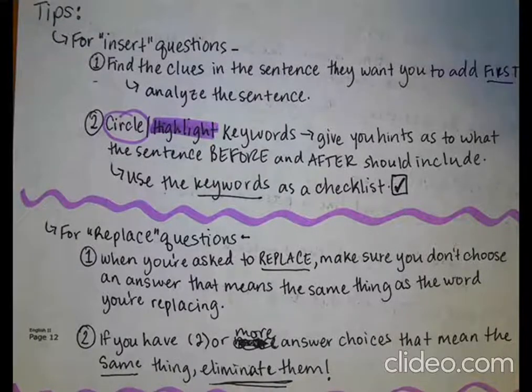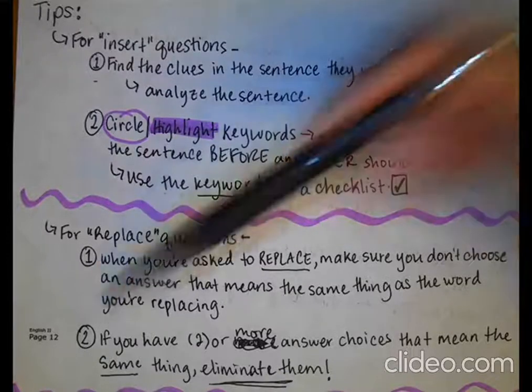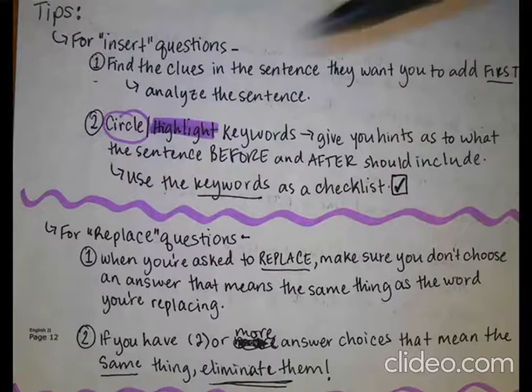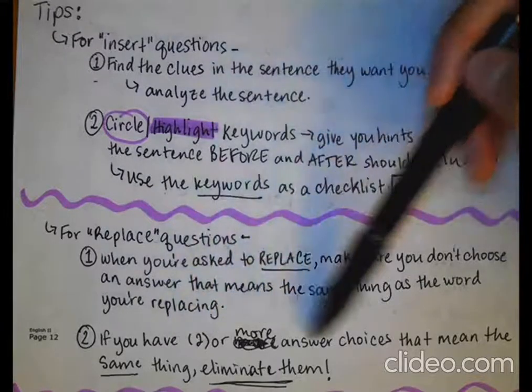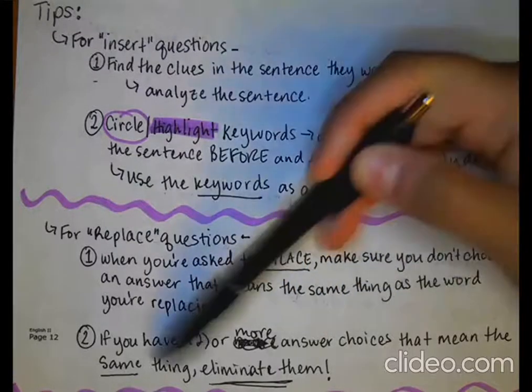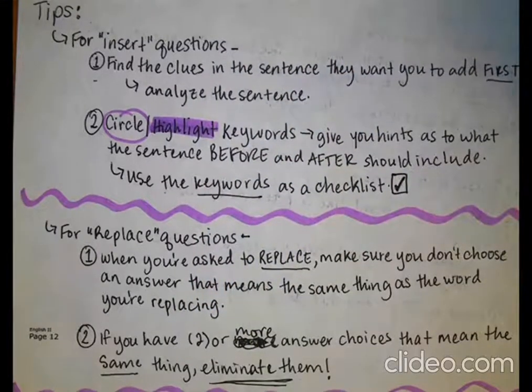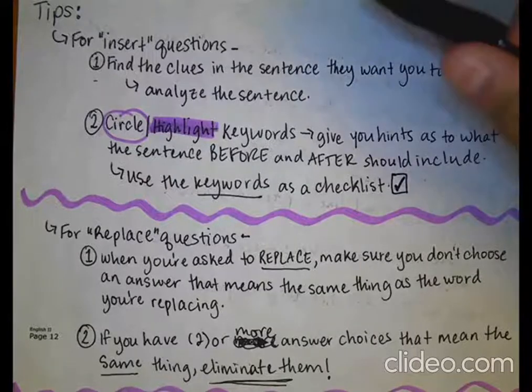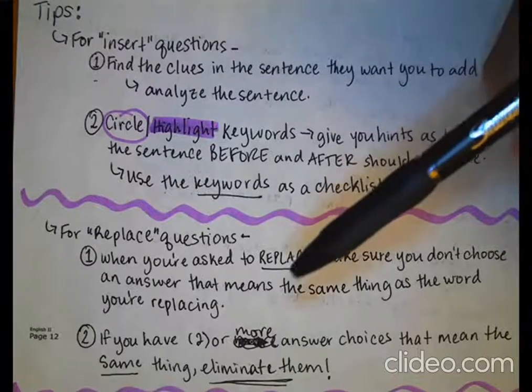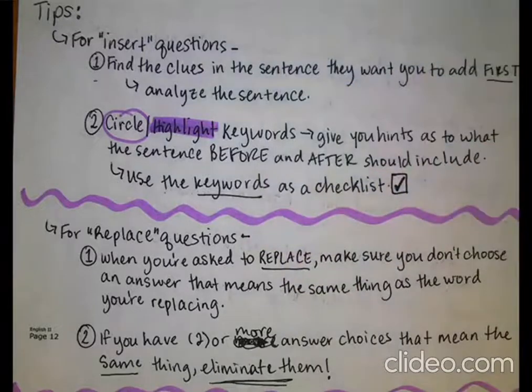All right? Let's take a look at tip number 2. If you have 2 or more answer choices that mean the same thing, eliminate them. Common sense logic again. Think about it. We can only have one right answer.